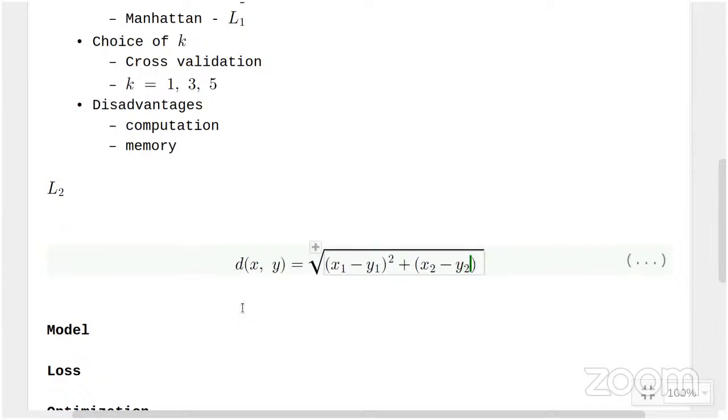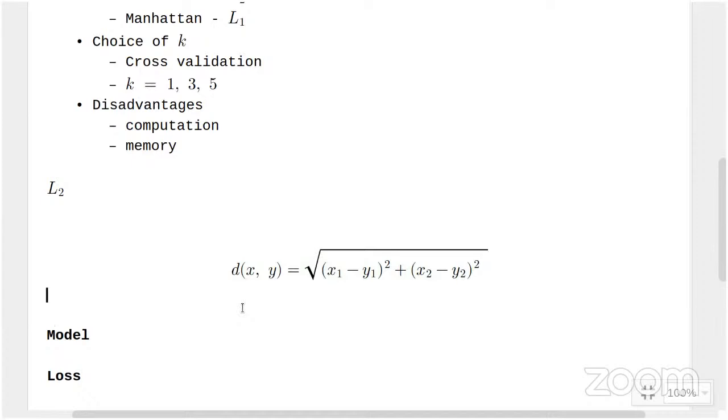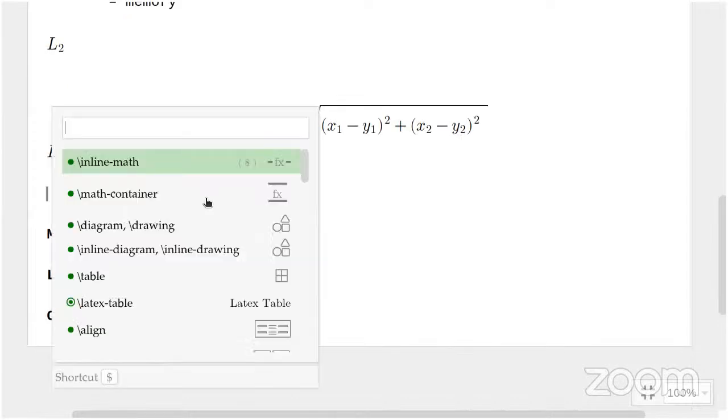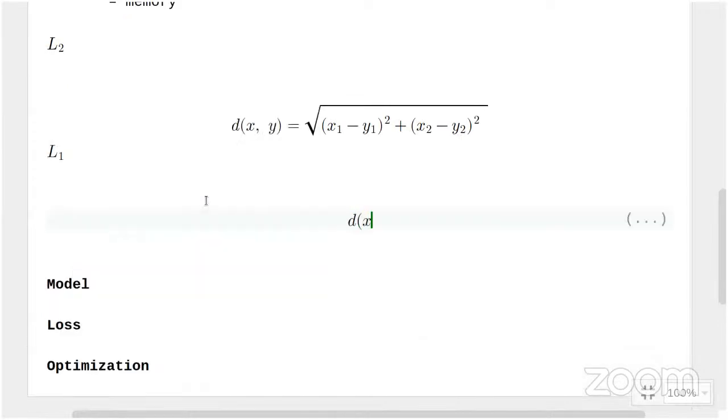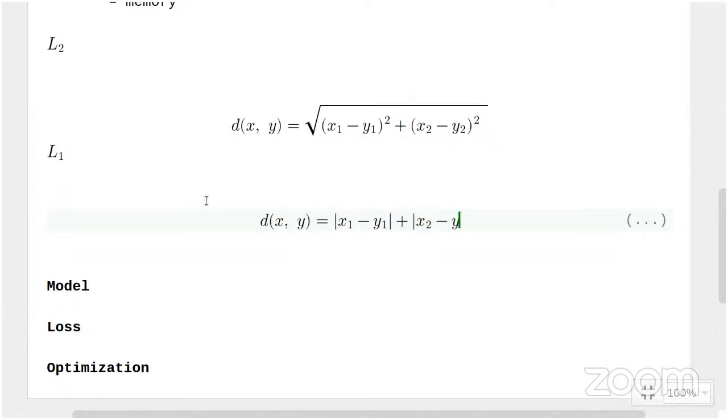This is the Euclidean metric, and I'll call it d2. Now the Manhattan is the absolute difference: the absolute value of x1 minus y1 plus the absolute value of x2 minus y2. This is not the square of that. I'll call it d1.